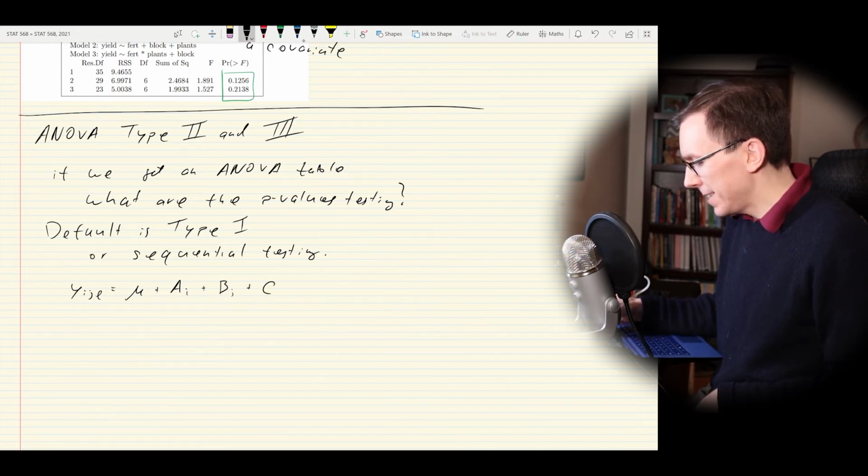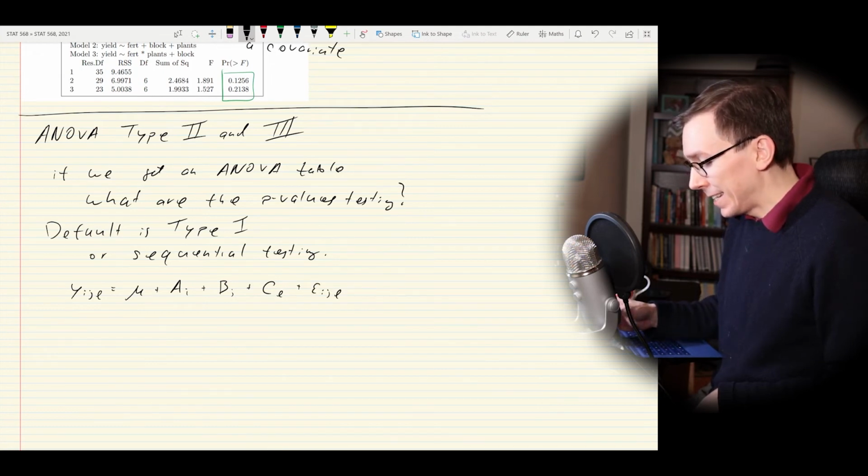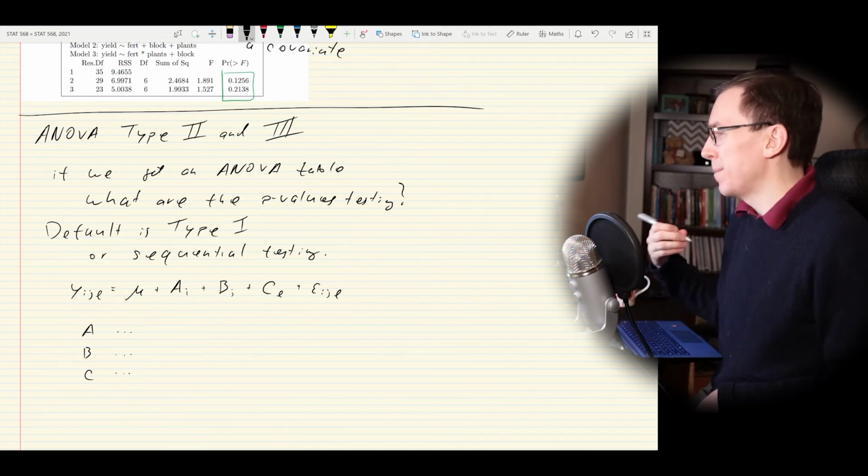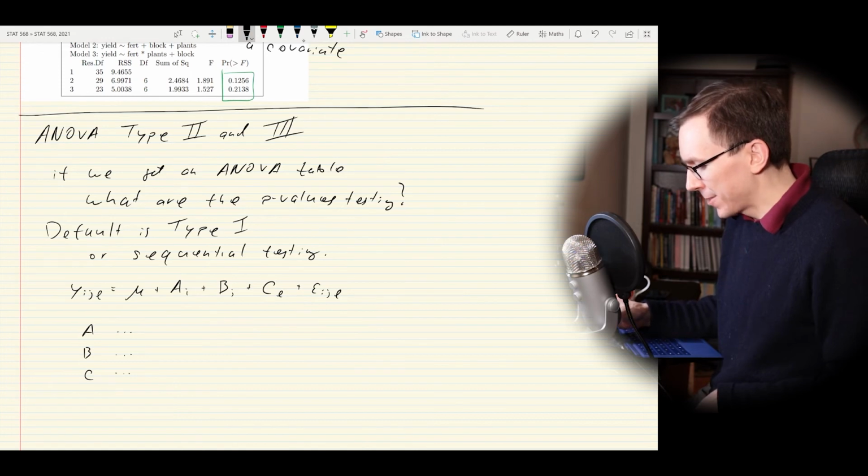A, B, and C are going to be my factors. So if I just type this into R, then what I'm going to get is an ANOVA table that's going to look like A, B, C, and then there's going to be some stuff here, sums of squares, degrees of freedom, etc. And then there's going to be p-values. P-value A, p-value B, p-value C.